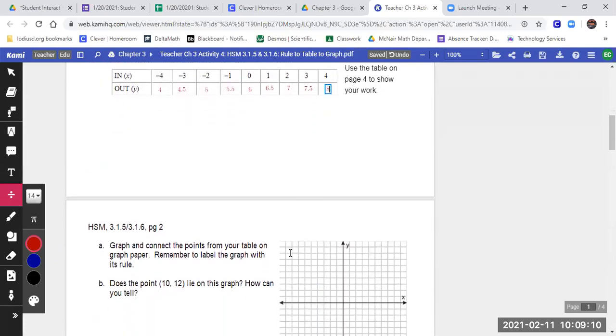Because it wants us to now go graph these points. Whew, we're going to graph these points, but we noticed something about our points.